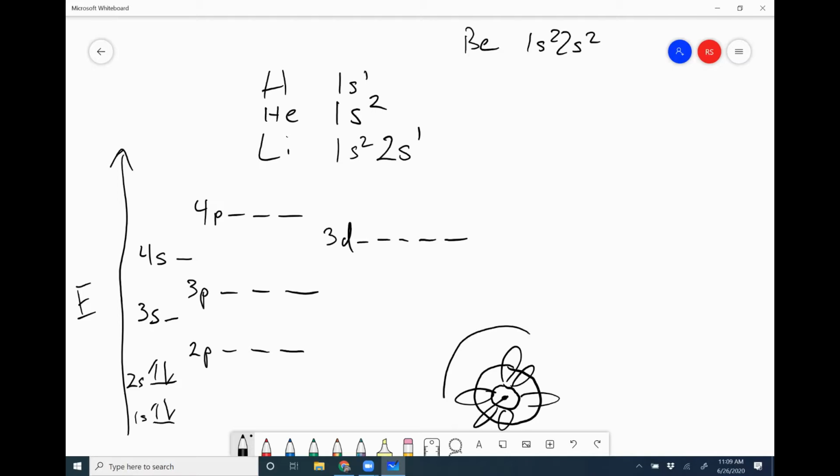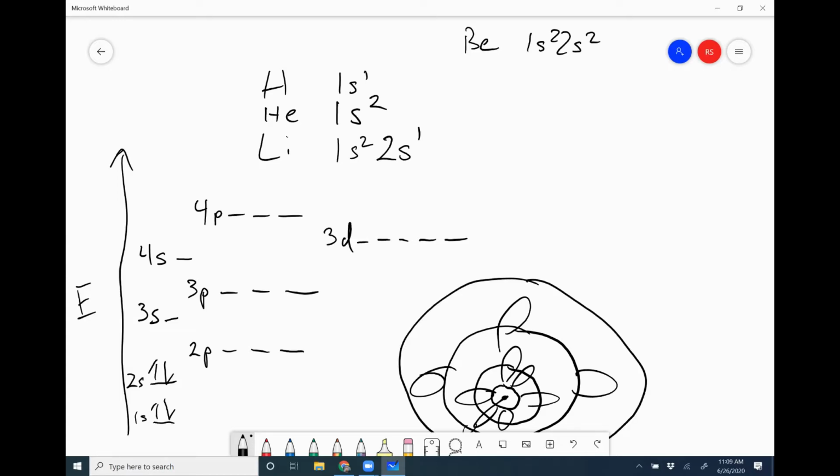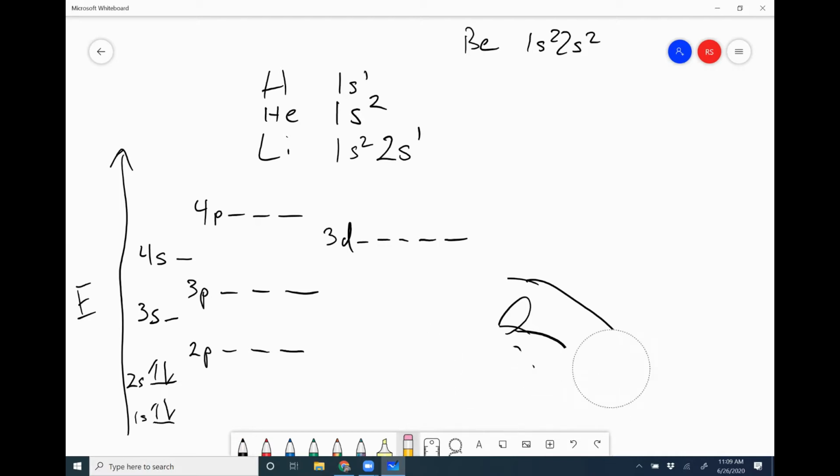And then the 3s encompasses all of that. And then there are the 3p orbitals coming out here and doing their thing. And then the 4s encompasses all of that. So the 1, 2, 3, and 4 is telling us what energy level that electron or electrons are in.